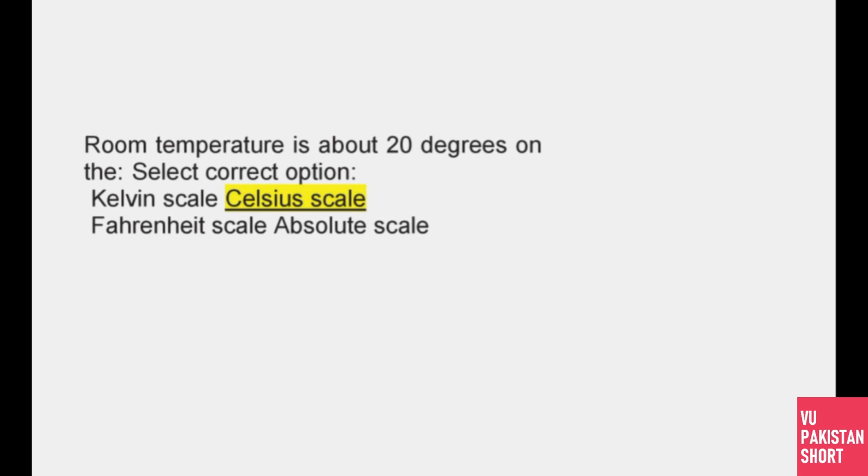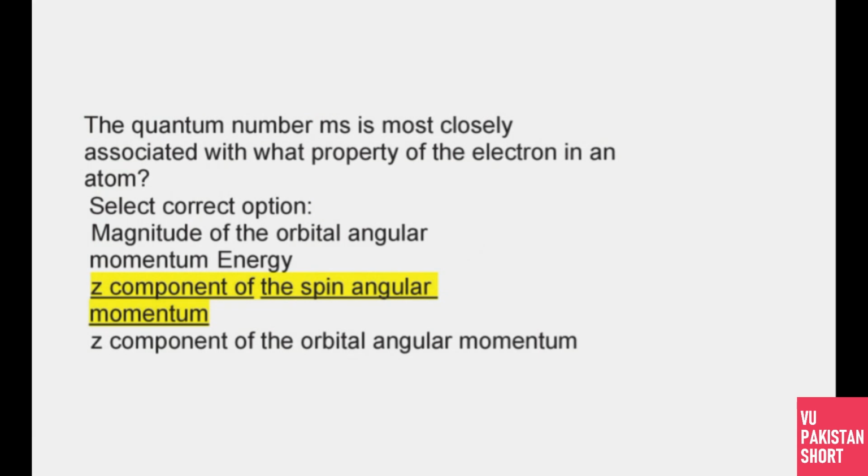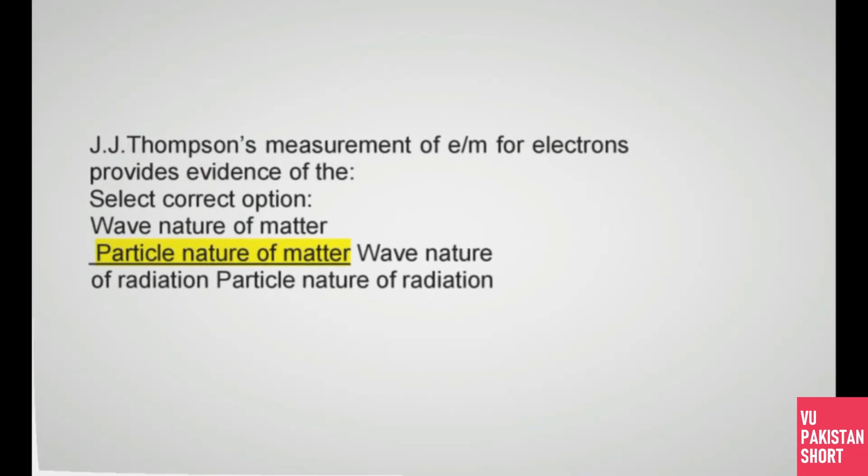Room temperature is about 20 degrees. Select the correct option. तो सेल्सियस स्केल के बराबर ये हम देख रहे हैं ना, केल्विन ना फ़ारेनहाइट वगैरह। The quantum number ms is most closely associated with the property of the electron in an atom. तो component of the spin angular momentum इस चीज़ को रिफ्लेक्ट करती है। J.J. Thomson's measurement of e/m for electrons provided evidence of the particle nature of matter.